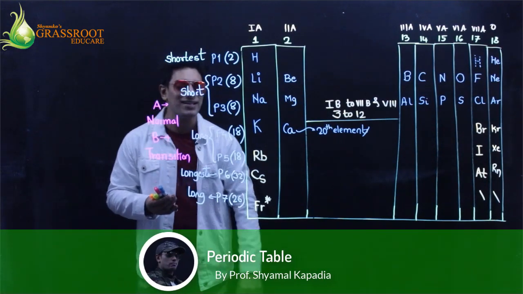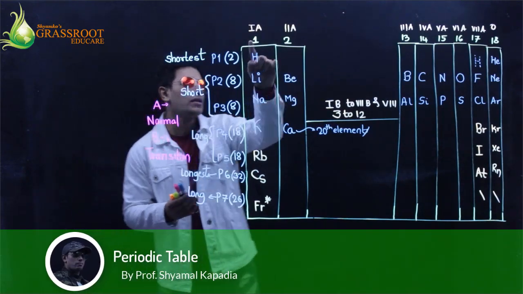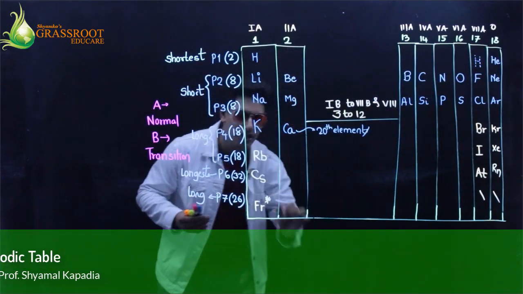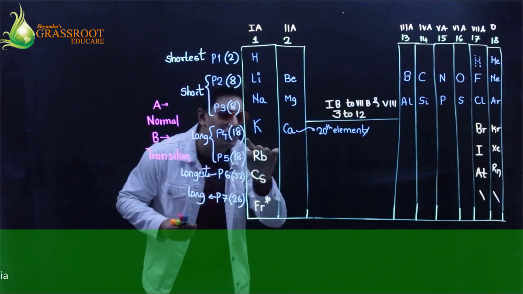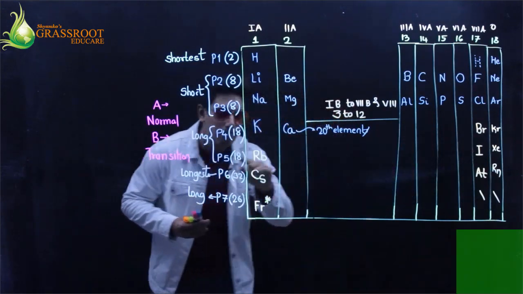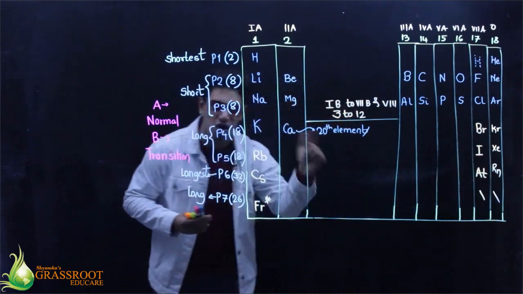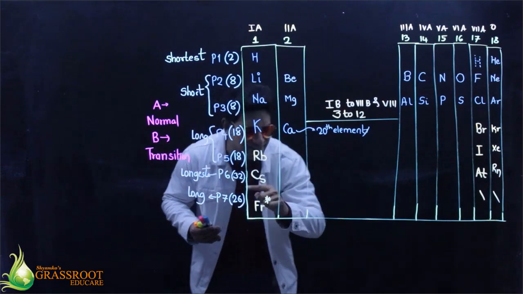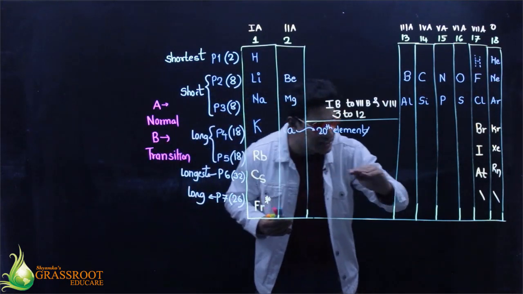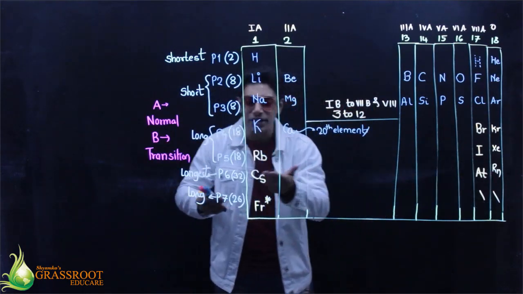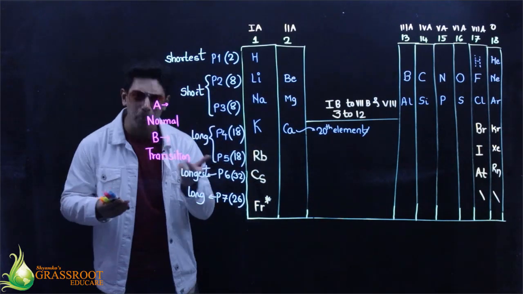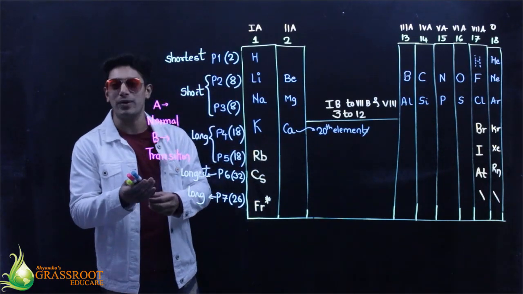Now, usually kids tell me, sir, there are 18 columns. So obviously, in period 4 there are 18 elements, period 5 there are 18 elements. Period 6, sir, also 18 elements, right? Then how did you write 32? How is it possible? I tell them, nice question.